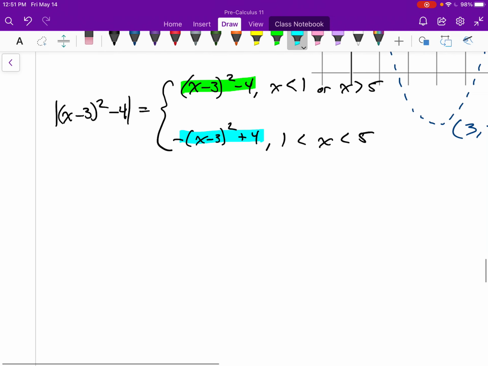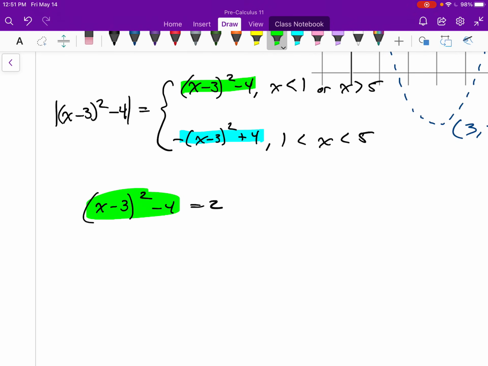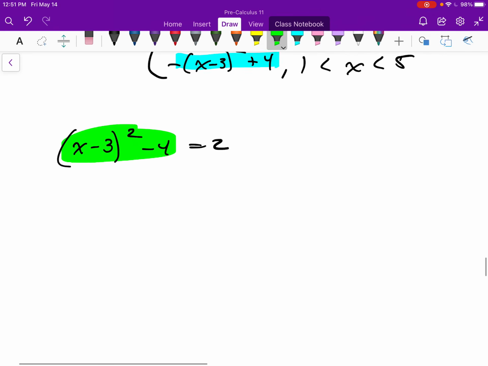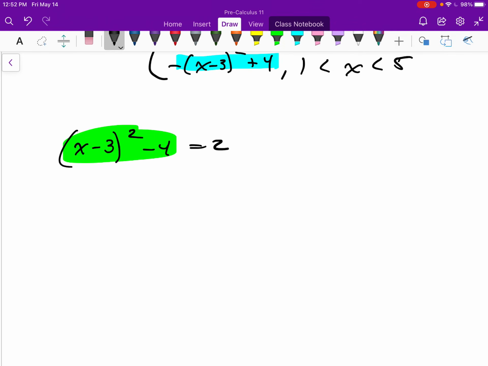So let's look at that top piece, the one I've highlighted in green. (x minus 3) squared minus 4 equals 2. To solve this, I would add 4 to both sides. (x minus 3) squared equals 6. Square root both sides. x minus 3 equals plus or minus root 6.